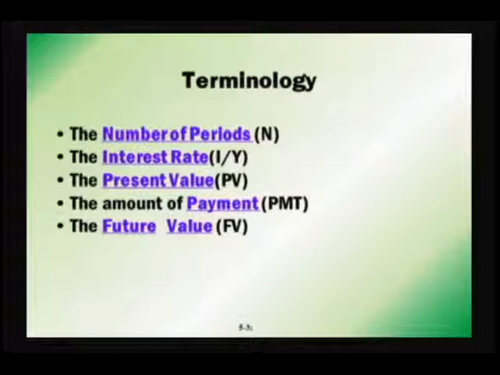The future value will be that later time frame. I may be solving everything in the future. If I'm going to start 10 years from now and finish 20 years from now, the point on the timeline at 10 years would be my present value because that's earlier than the point 20 years from now. The last thing we'll talk about is the amount of the payment. That'll be the amount that is coming in or out in between the present value and the future value on the timeline.